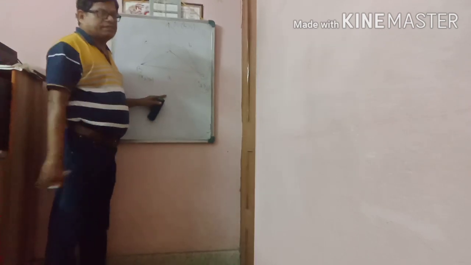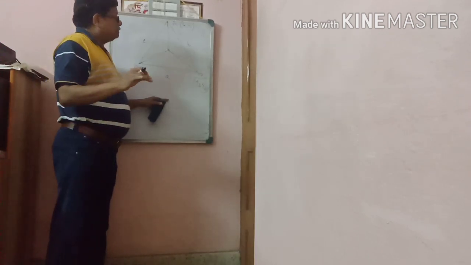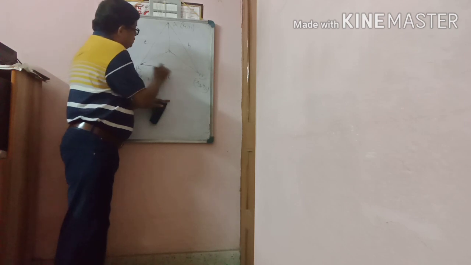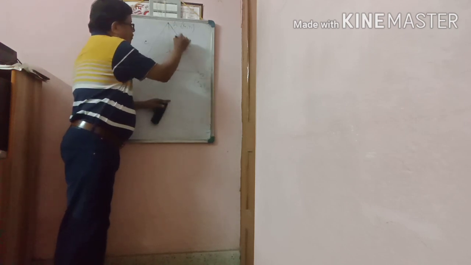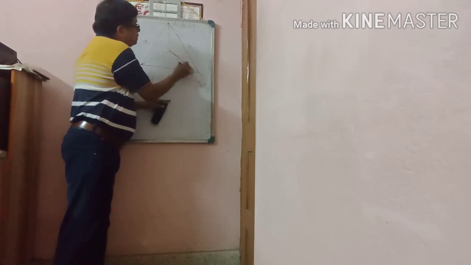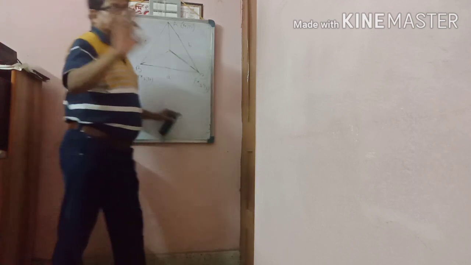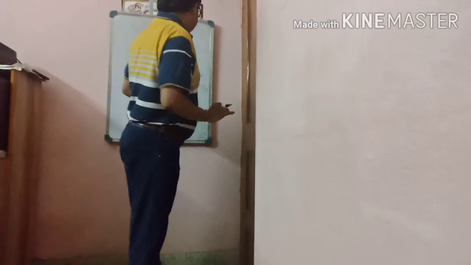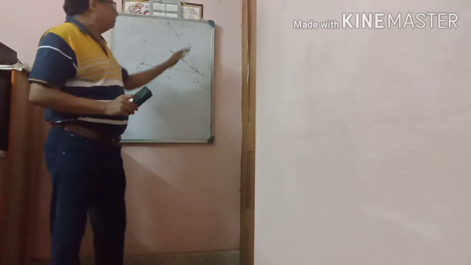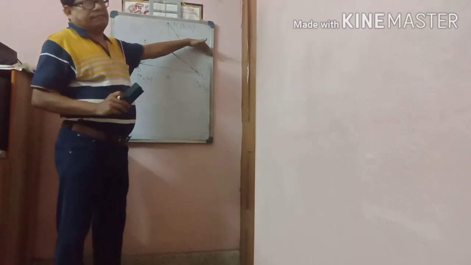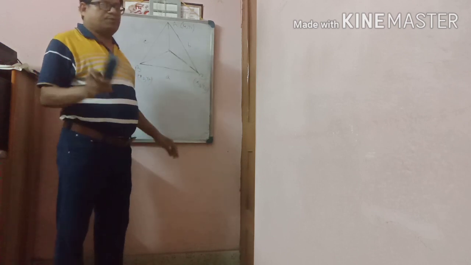How to find the angle bisector? There is one formula for the angle bisector of two given straight lines. When I teach the straight line chapter, I will explain that. Not now, just remember the formula.